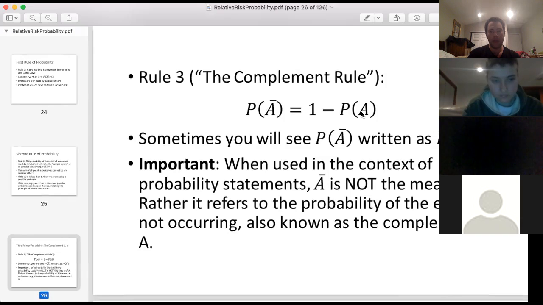Let's say the probability of A is heads and the probability of not A is tails. If we wanted to calculate the probability of not A, we could just take 1 minus the probability of A, and then we're left with the other probability. In this case, the probability of getting heads is 0.5, so 1 minus 0.5 is 0.5. That's an easy example, but in other examples, you might not have a 50-50, 1-to-1 probability.